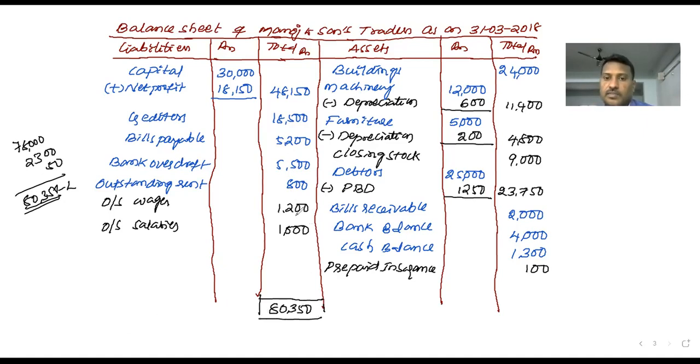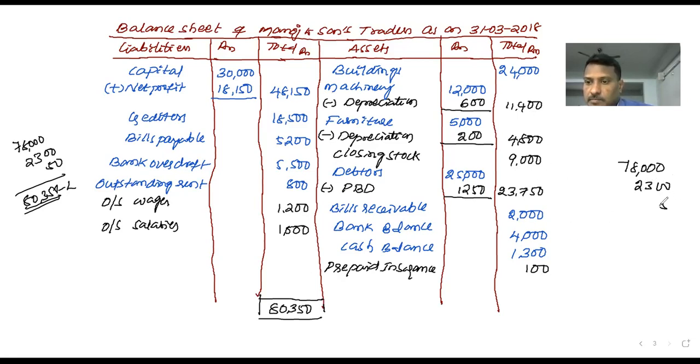80,350. Let's total the asset side now. 24, 11, 35, 39, 48, 68, 71, 73, 77, 78. Thousands. Now let me total the hundreds. 4, 12, 19, 22, 23.